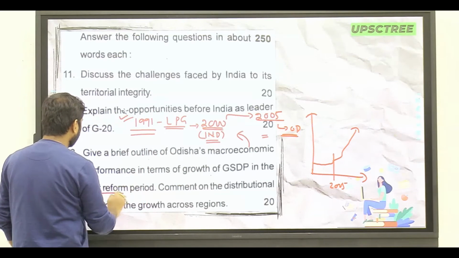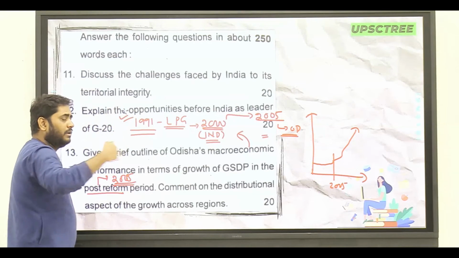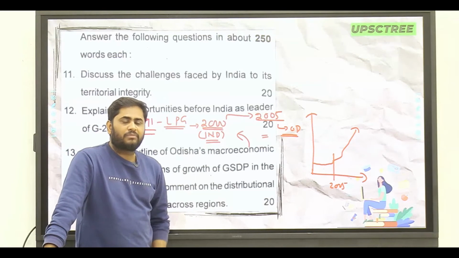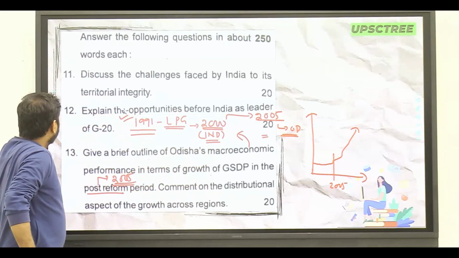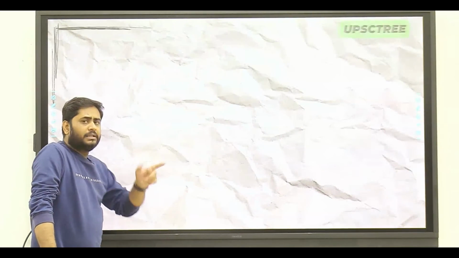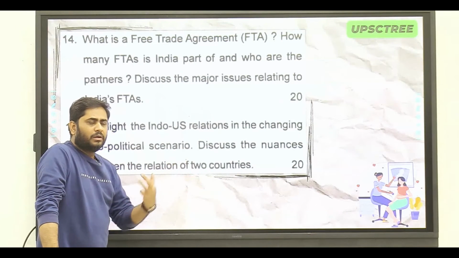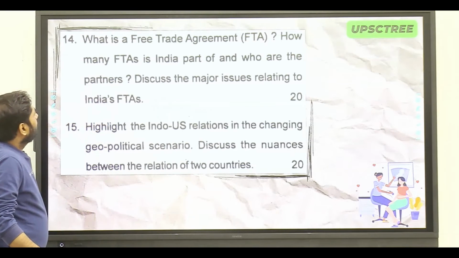But then post 2005 Odisha saw exponential growth. Even at some point of time we have touched 10% growth year on year. So you have to write those aspects. But then again you show that the majority of the growth in Odisha is coming from the mining sector and service sector. Okay, that aspect.